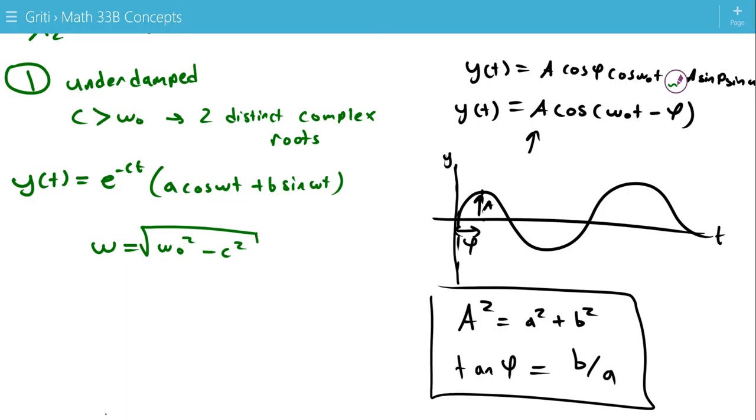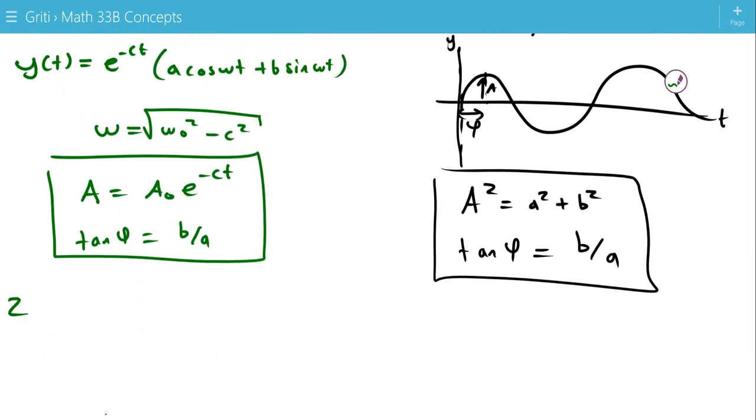And the amplitude of this wave is going to equal what the original amplitude would have been if there wasn't damping, times e to the negative ct. And the phase angle would still be b over a.